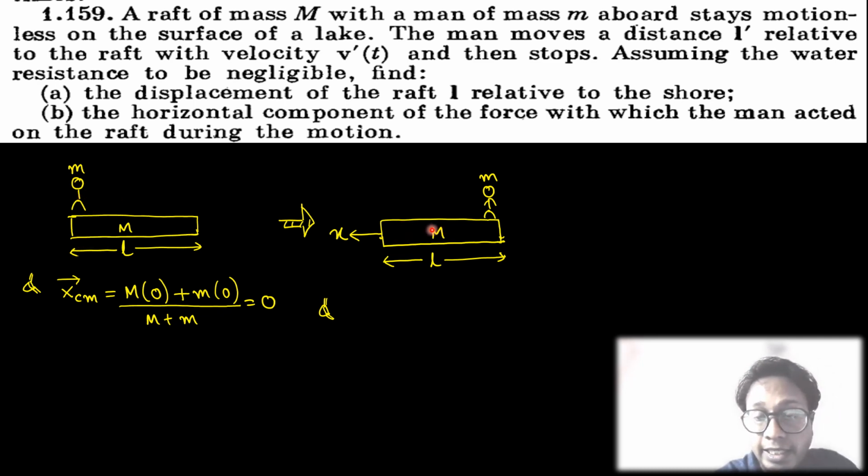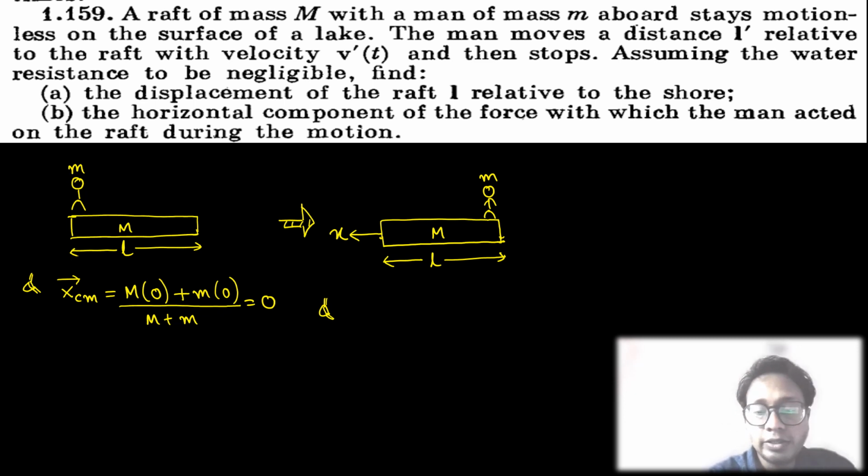But distance L relative to whom? Relative to the plank. That means a person sitting out here would see this person move a little bit less than distance L. As the person is moving rightward, the plank is also moving leftward, no? So a person sitting on the ground will see his total displacement a little bit less than L, and that is the value I must take out here while conserving the center of mass.